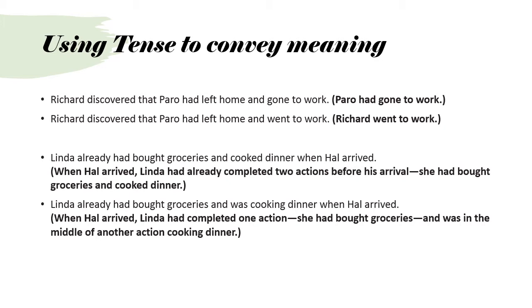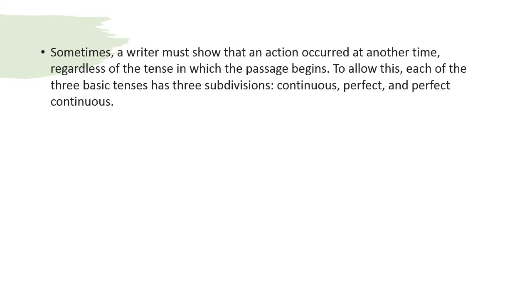So, tense does convey meaning in sentences. So we have to be careful what tense we use in the sentence, and whether we are using it properly or not. Sometimes a writer must show that an action occurred at another time, regardless of the tense in which the passage begins.